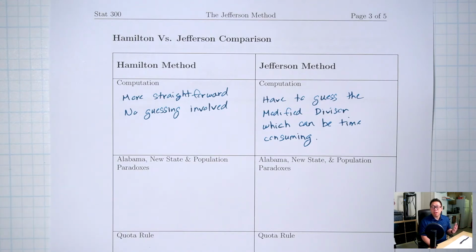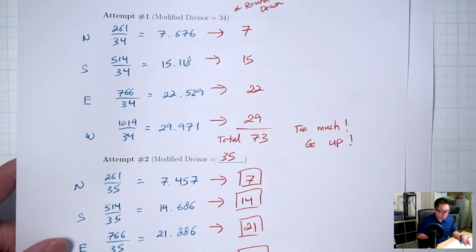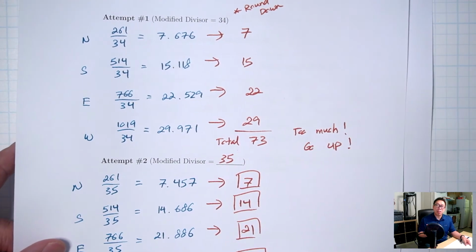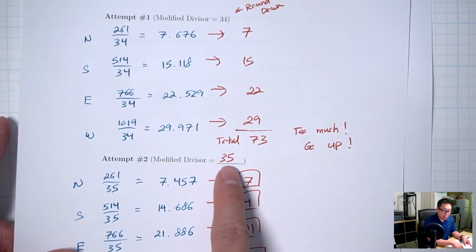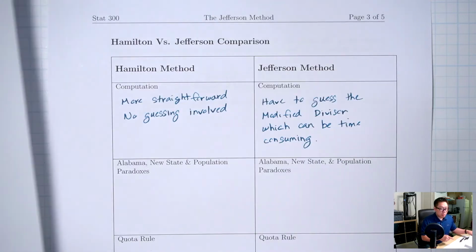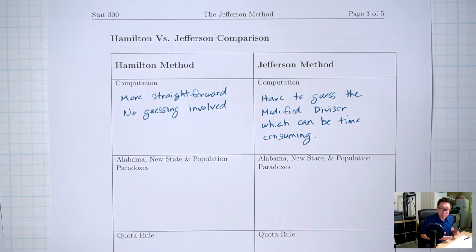But if I didn't give you that first guess, if you're lucky, you'll get the correct modified divisor in a couple tries. If you're unlucky, it may take you 10 tries, it may take you 20 tries, it may take you 30 tries. And what's even worse, for the questions I give you, the modified divisor that ends up working is going to be a whole number, right? So you're limiting your guess to whole numbers. But in reality, you might end up having to use decimals there. So not only do you have to guess, but the guess might be decimals, which makes it even more time consuming to figure out which decimal actually works.